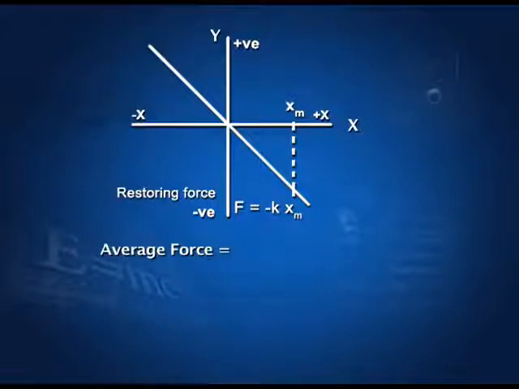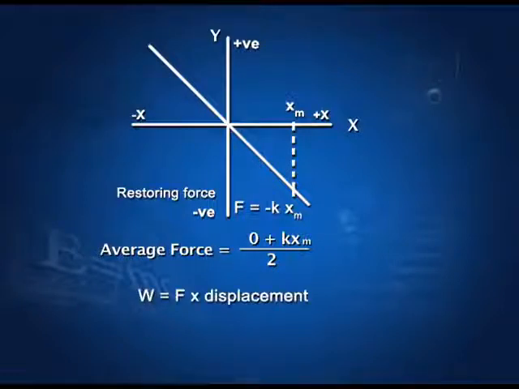So, the average value of force becomes (0 plus k x_m) divided by 2. And how much work would be associated with it? Force into the displacement, from our previous knowledge, and this would give us k x_m by 2 multiplied by x_m. This value is half k x_m square.